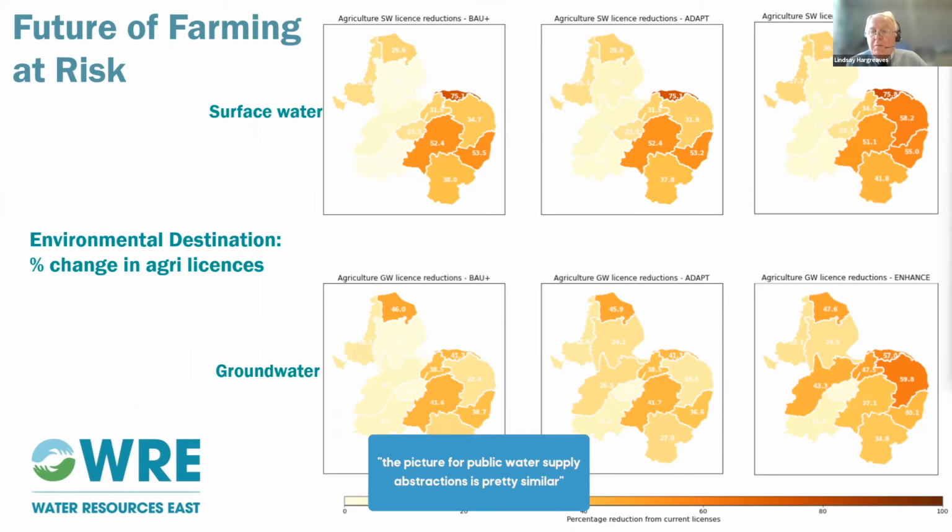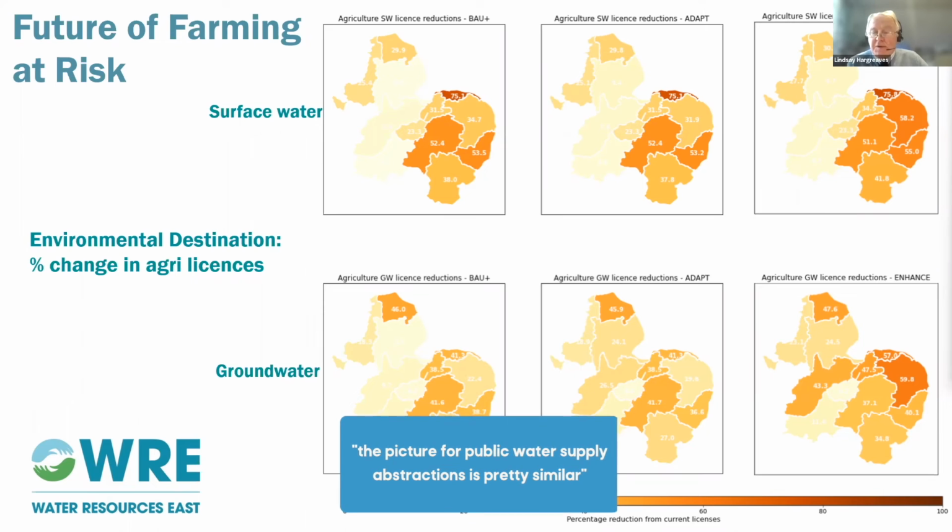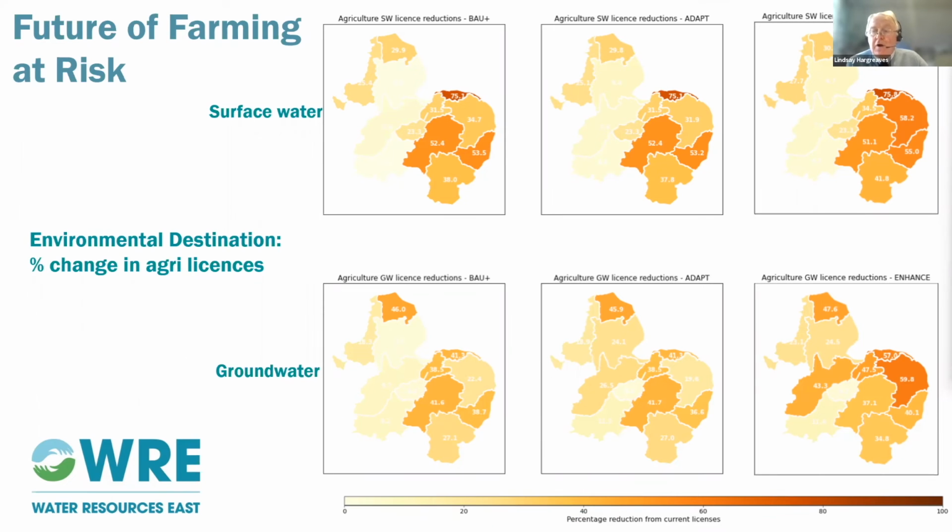The picture for public water supply abstractions is pretty similar, and those guys are as worried as we are. Now, the difference, of course, is that when you're a public water supply company operating over a big geographic area, with abstraction points dotted all over the place and with the infrastructure to move water around, there are tunes that you can play, compared to a typical farmer who sits on top of his or her water supply.